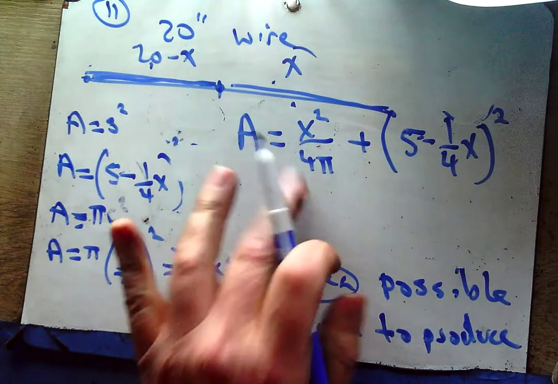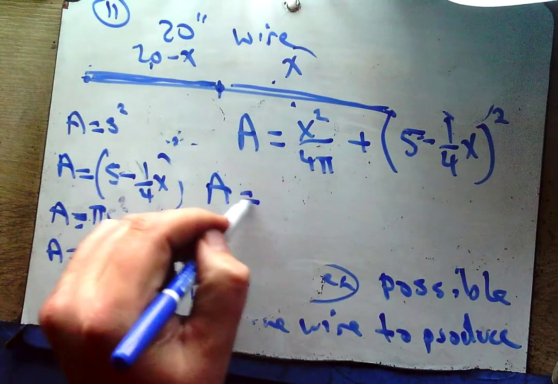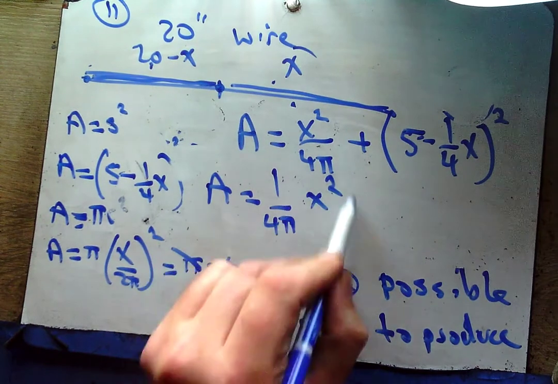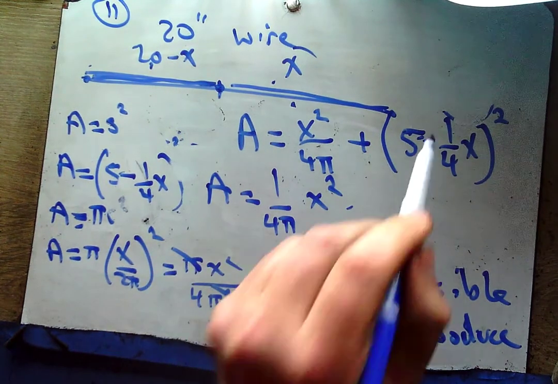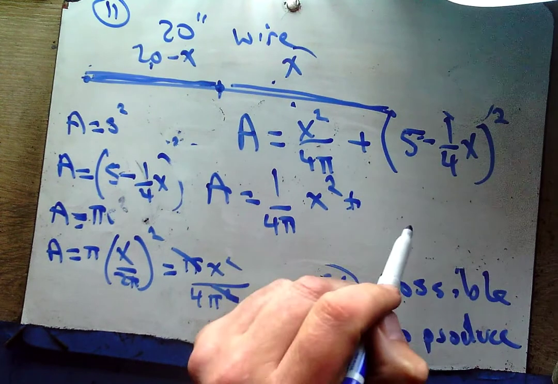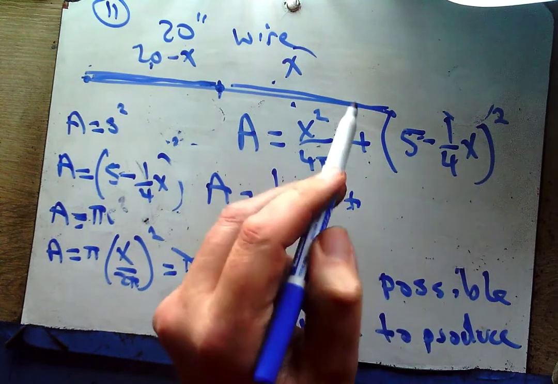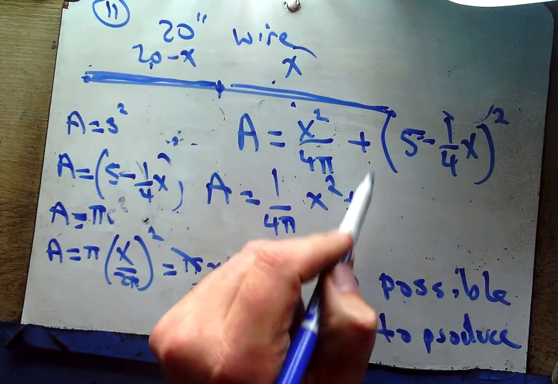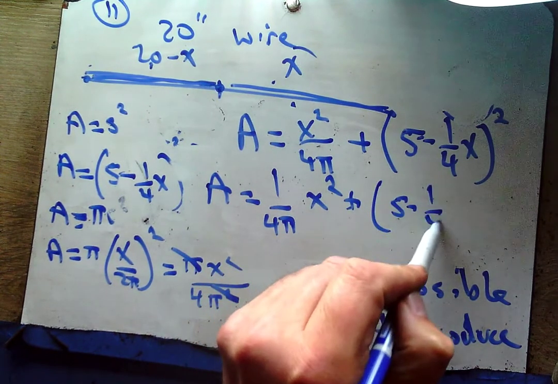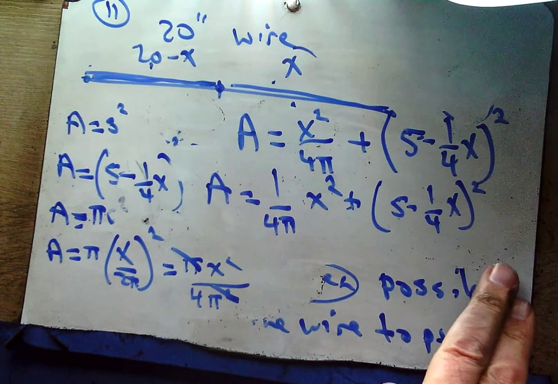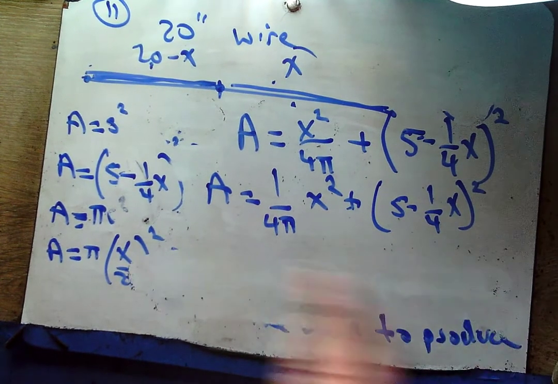All right, you may well find it much easier if you pull out that 1 over 4 pi and just take the derivative of x squared times that constant. And here, you might find it easier also not to use the chain rule, but to FOIL. I think I'm actually going to use the chain rule here. I was going to FOIL it out first, but I think I've changed my mind on that.